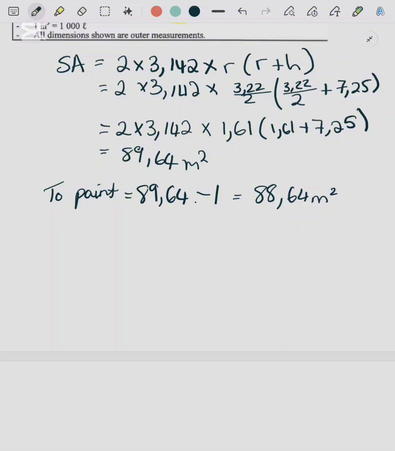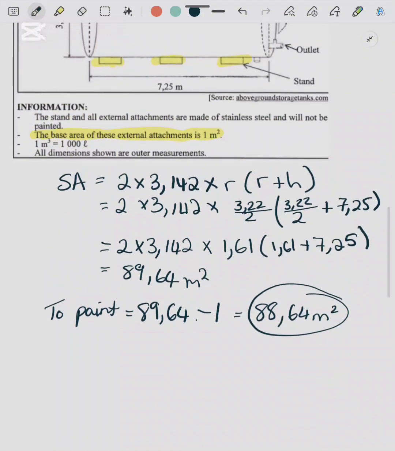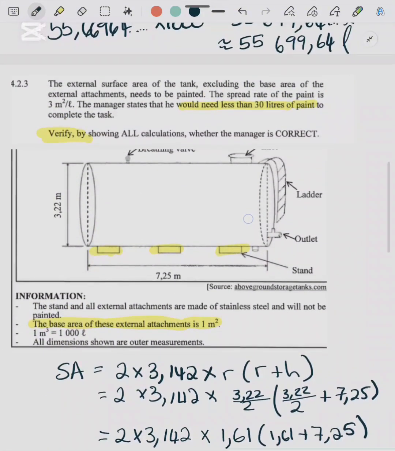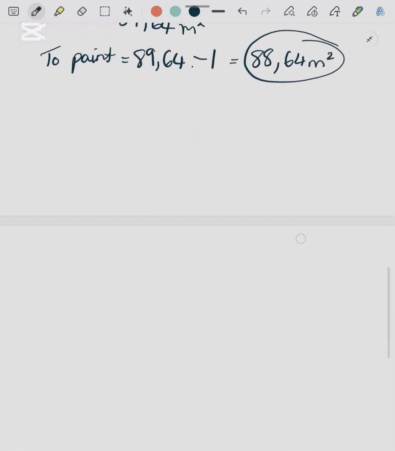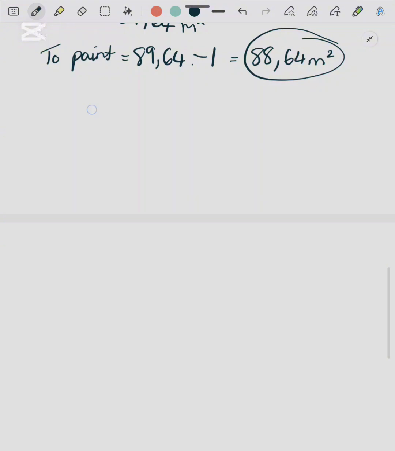Now we need to work out how many liters are needed based on this space that we're actually going to paint. And if we go back to our question, we are told that the spread rate is 3 meters squared per liter. So that's pretty easy, because we can go, well, look, we know 3 meters squared is 1 liter.